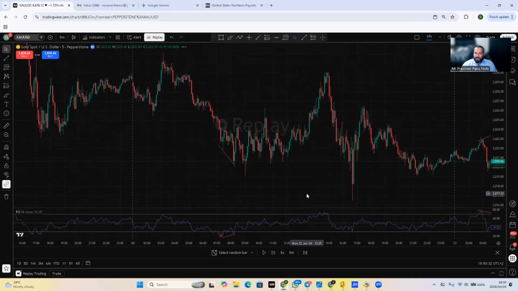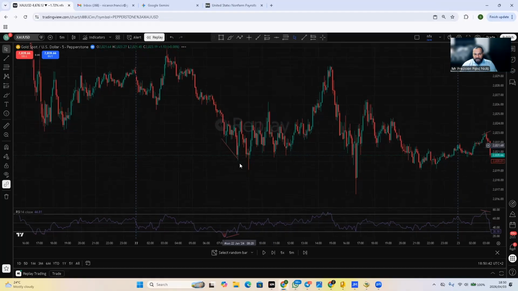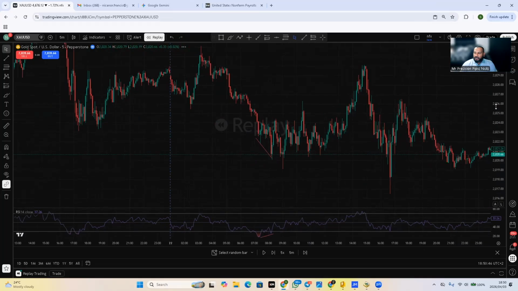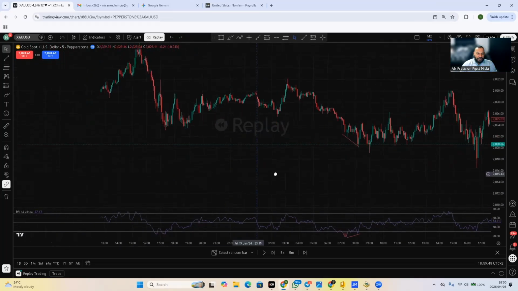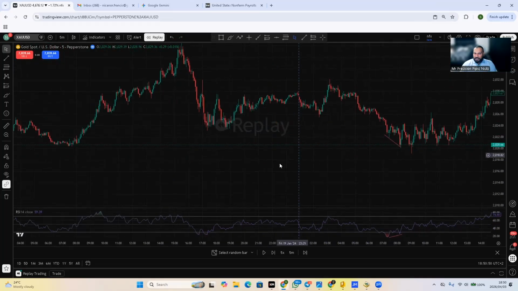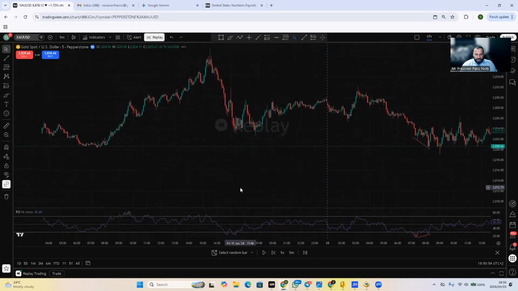See how simple? That's a tell-tale sign. It's the divergence. A 5-minute divergence to get that sniper entry. A very neat trick to have in your bag.